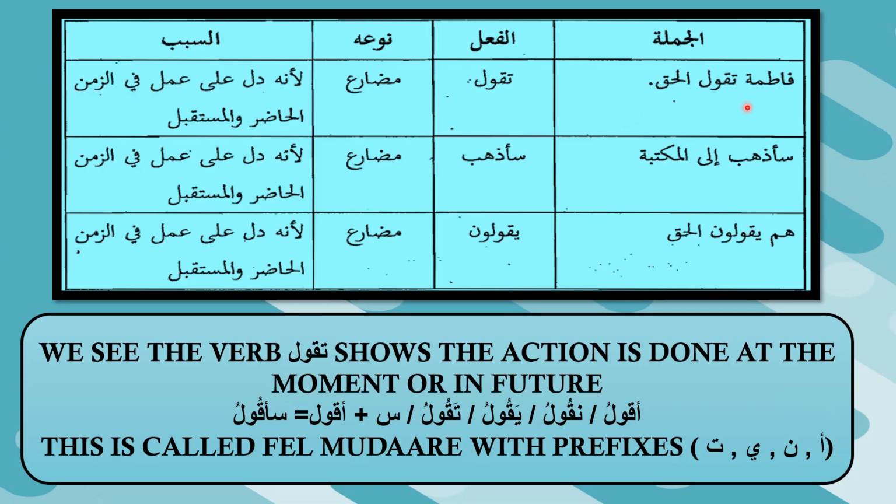Here are some examples and some quick revisions. So first example is Fatimatu taqulul haq, means Fatima says the truth. So now in this sentence where taqul is used, the structure of taqul is used for male singular mukhatib also.